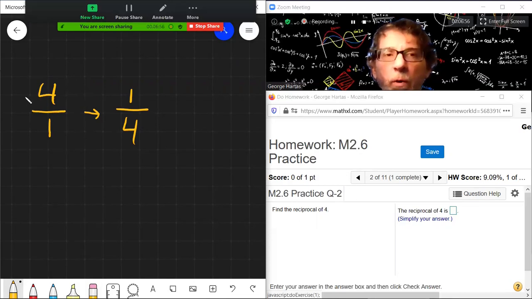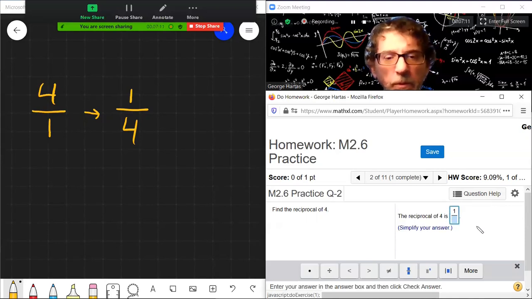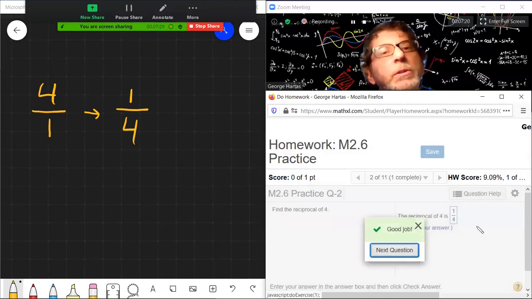So 4 became 4/1, which then became 1/4. All right, so this is the reciprocal. So let's type that in there and see if it works. 1/4. And there's a reason they're explaining this to you right now, and you'll see coming up when you actually have to divide fractions.